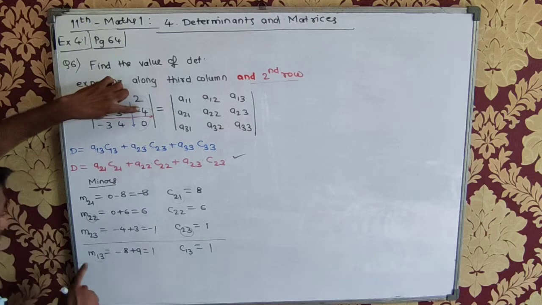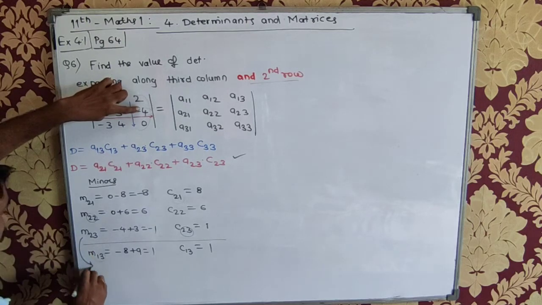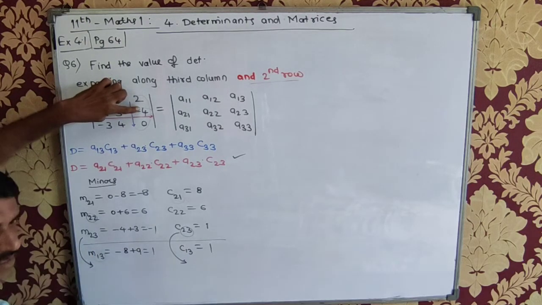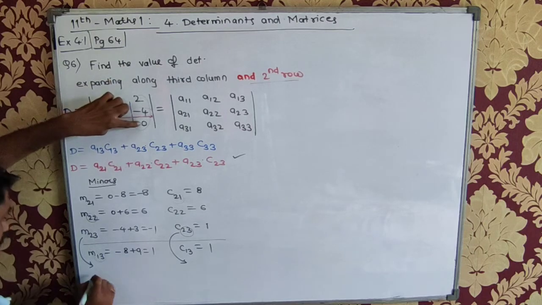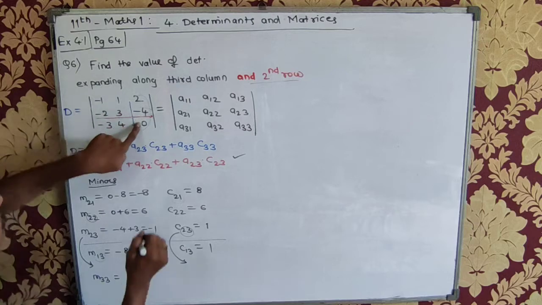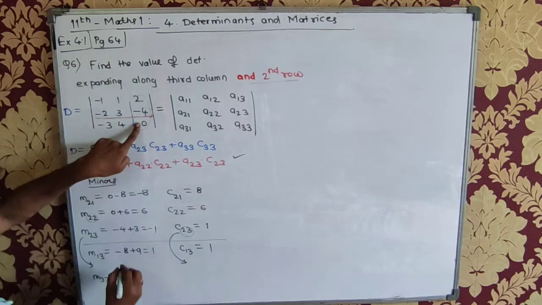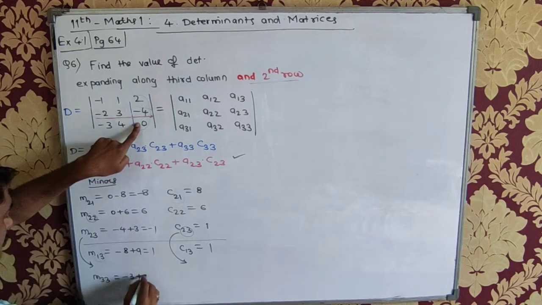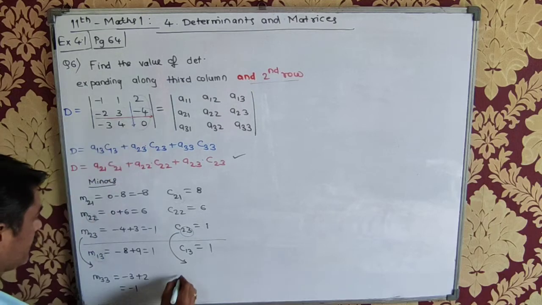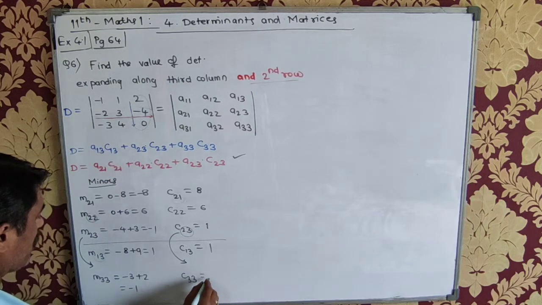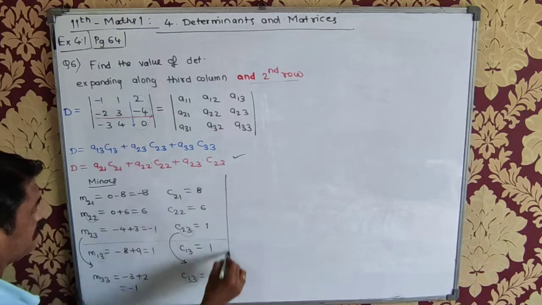This M23 is already done. Now the last one, M33 is equal to minus 3 plus 2, that is minus 1. And C33, even number, minus 1.